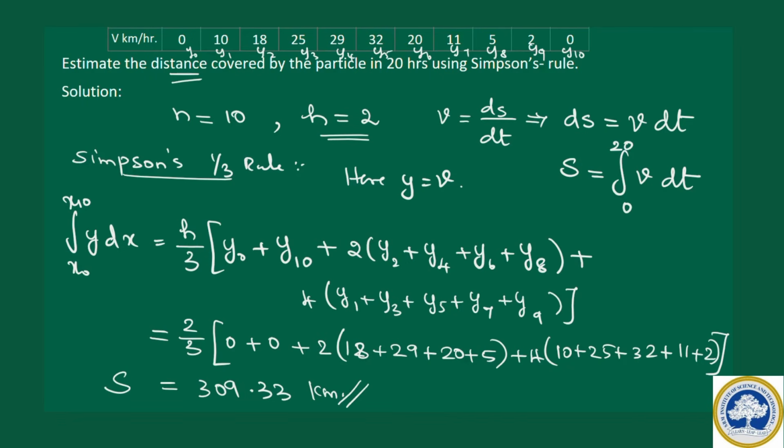Already here in the question itself it is given Simpson's rule, so once you notice that, you can directly identify it as numerical integration and apply it. Suppose they didn't mention Simpson's rule, you should be able to identify that this comes under numerical integration, and then apply all the methods which are applicable.